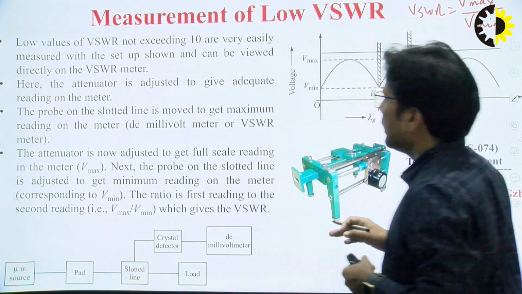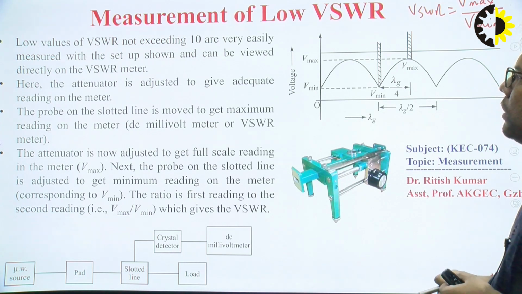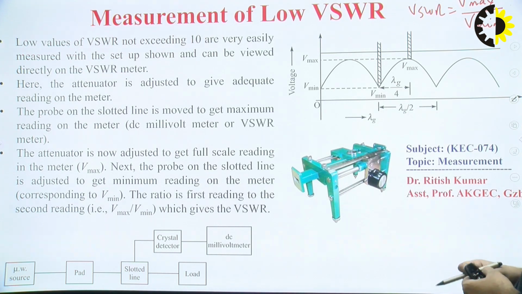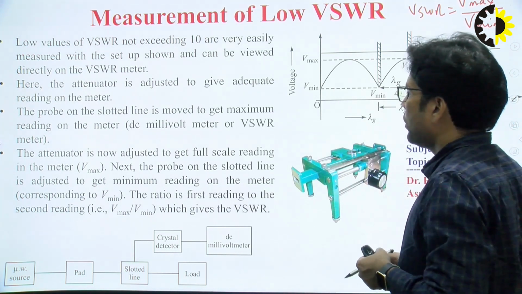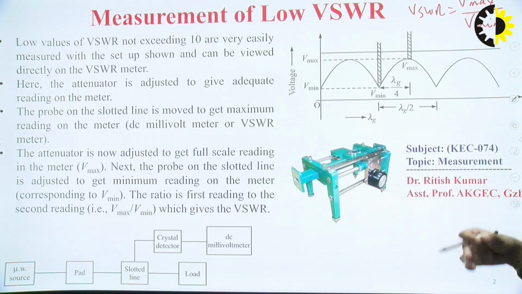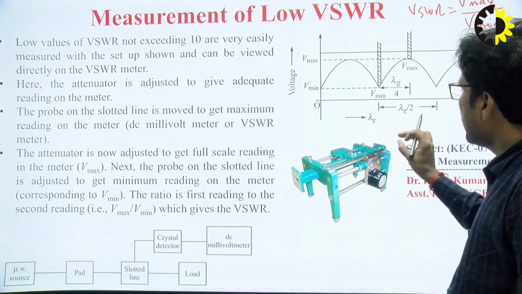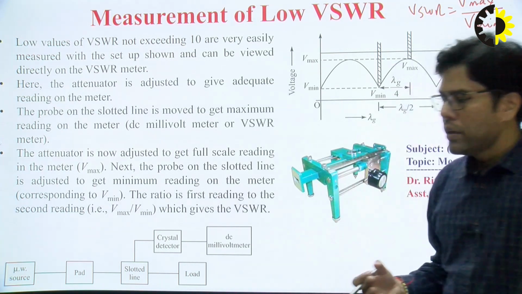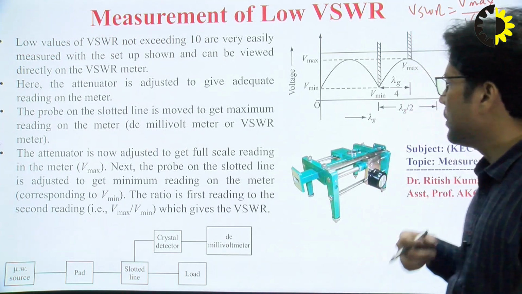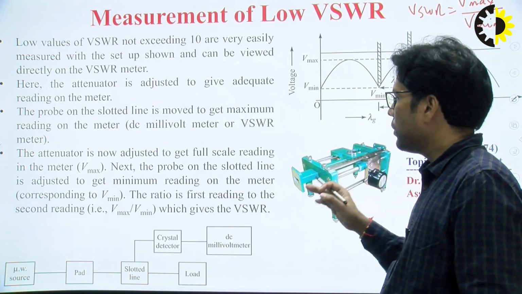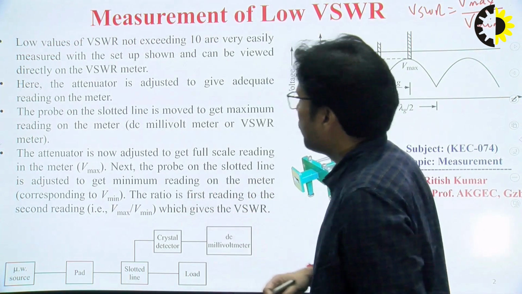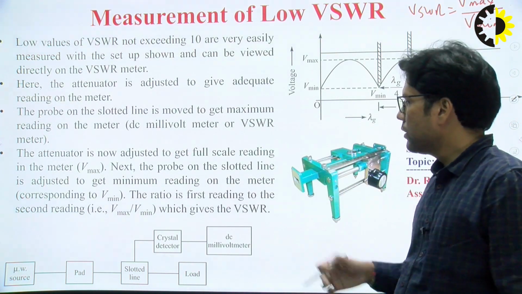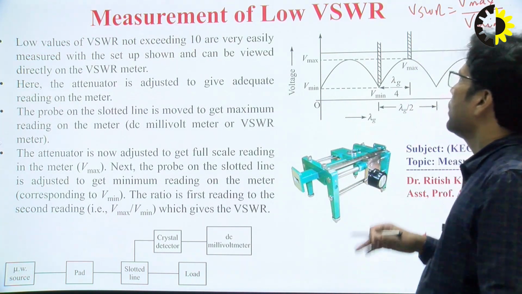For the case of low VSWR, we need to adjust the attenuator in such a way as to have the maximum voltage. In the next step we need to move this knob in such a way that we have the minimum voltage at the CRO output device. When we are able to get the maximum voltage and minimum voltage through this experiment, we can take the ratio of these two and get the VSWR.